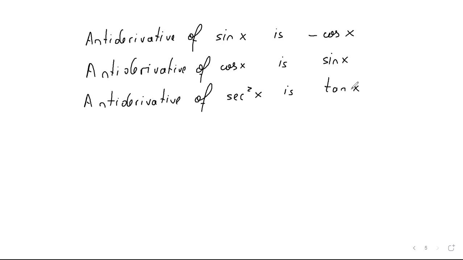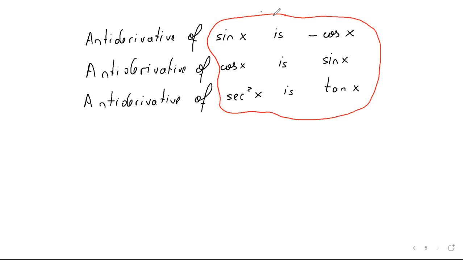And you know what? Like I did earlier, I am going to circle these with red again. These are key formulas. So key formulas, make sure you have them well understood and memorized.